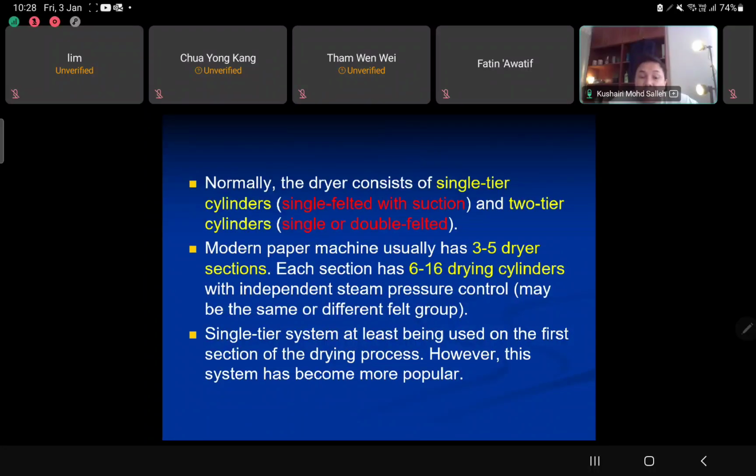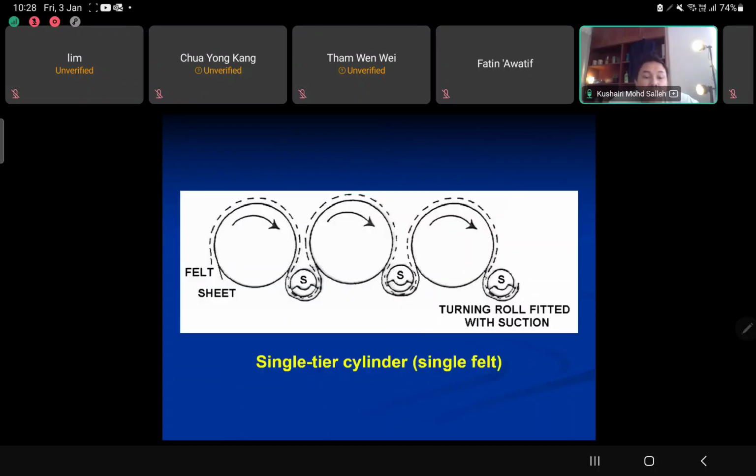The single tier system is usually used in the very first section of the drying process, single felted with suction. This is what we call a single tier cylinder with a single felt.